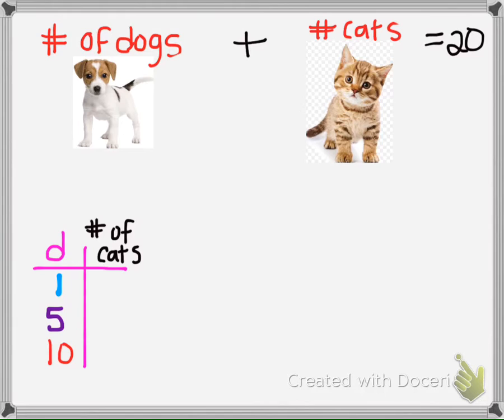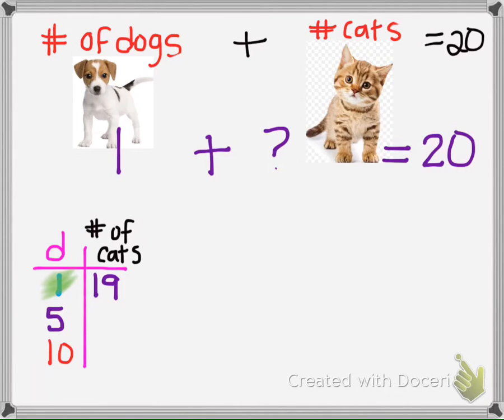If I made up some value, so I start with 1. If there's only one dog, and the total, so total means add, 1 plus what? How many cats? If there's a total of 20 pets altogether, if there was one dog, we would have that there were 19 cats.